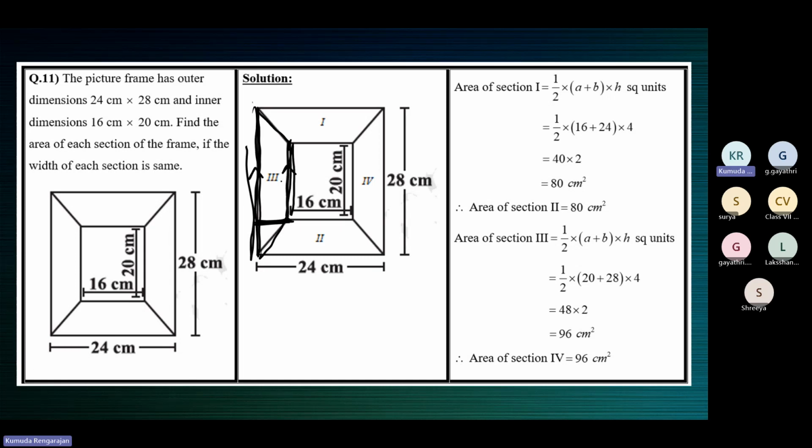So sum of the parallel sides will be 28 plus 20, into the distance between them, 4. We found it earlier, no? The whole thing is 24, minus 16 is 8. So 4 here, 4 here. The distance between them is 4. Like this, we find the area of section 3, the same as the area of section 4. The question is to find the area of each section, and we found the area of each section of the frame.